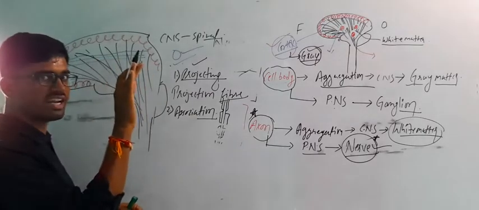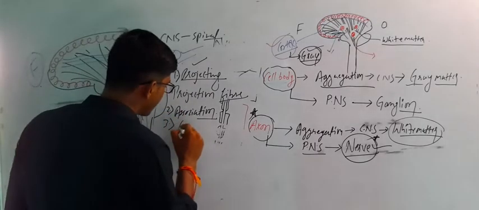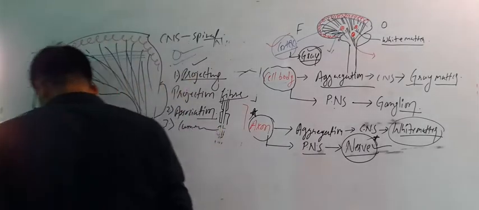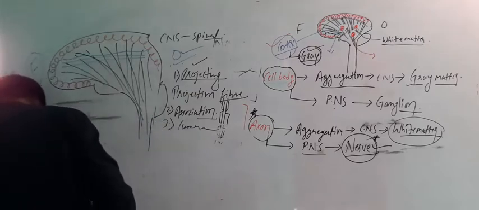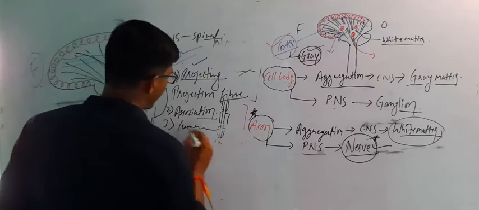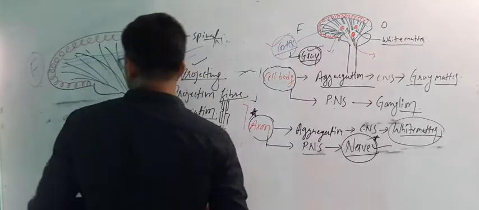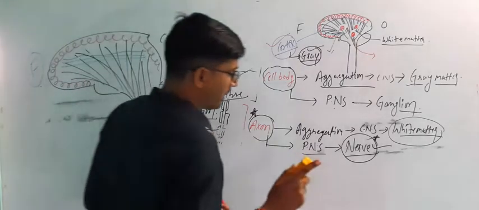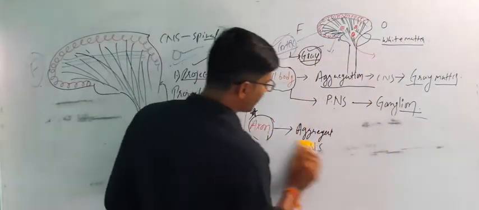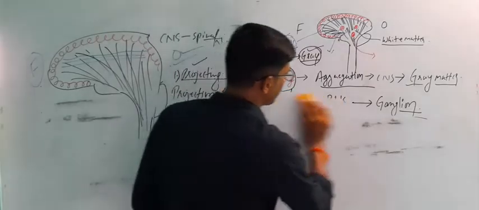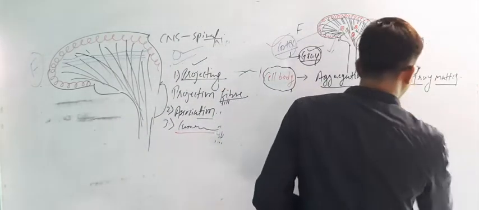And third is the commissural fiber. So these are the things. These are all the basics of the gray matter and the white matter.